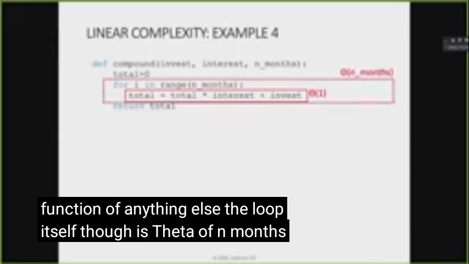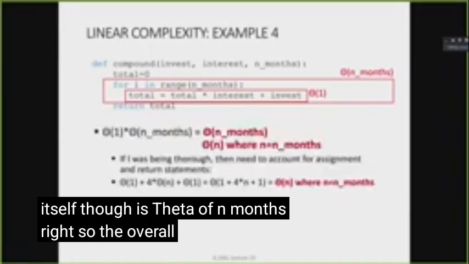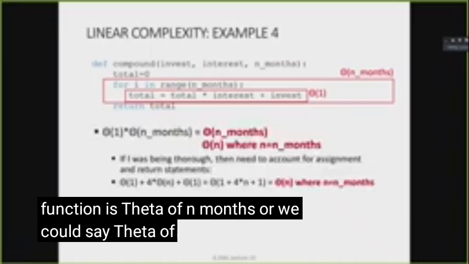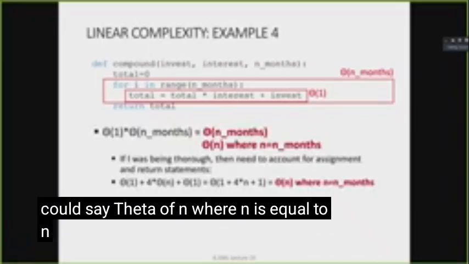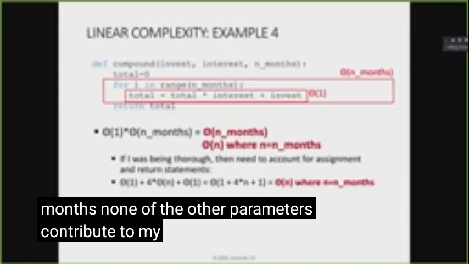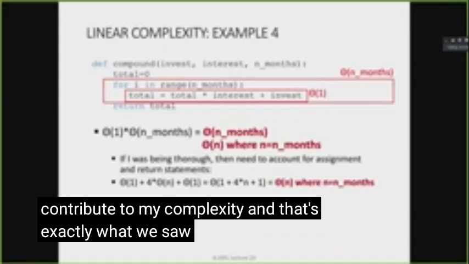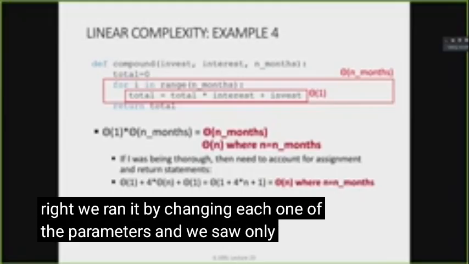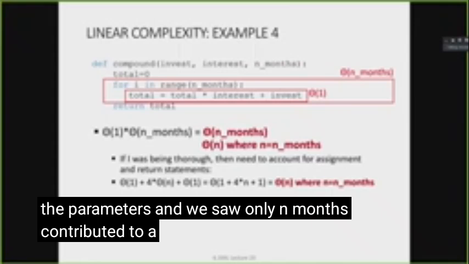So the overall complexity of this function is theta of n months, or we could say theta of n where n is equal to n months. None of the other parameters contribute to my complexity, and that's exactly what we saw when we ran the code. We ran it by changing each one of the parameters, and we saw only n months contributed to a slowing program.